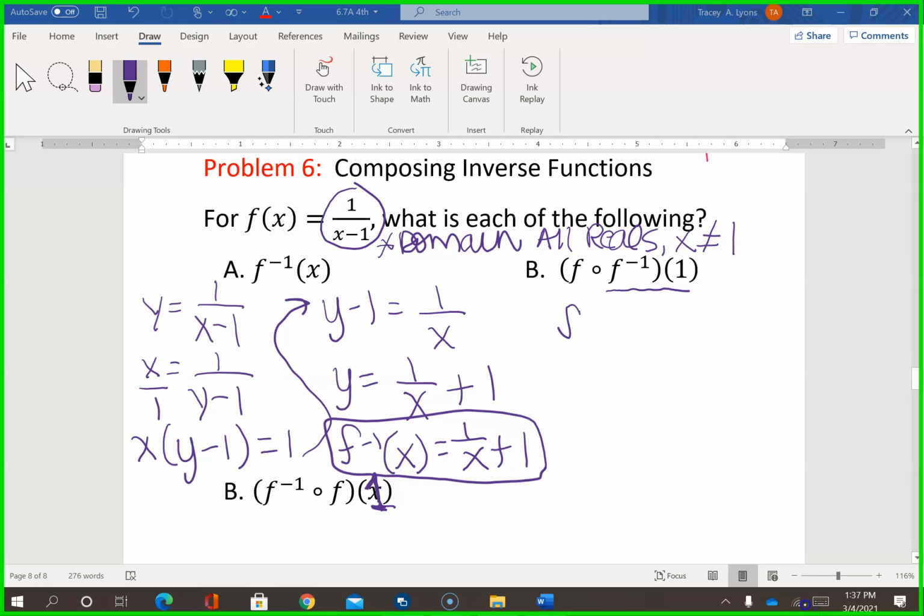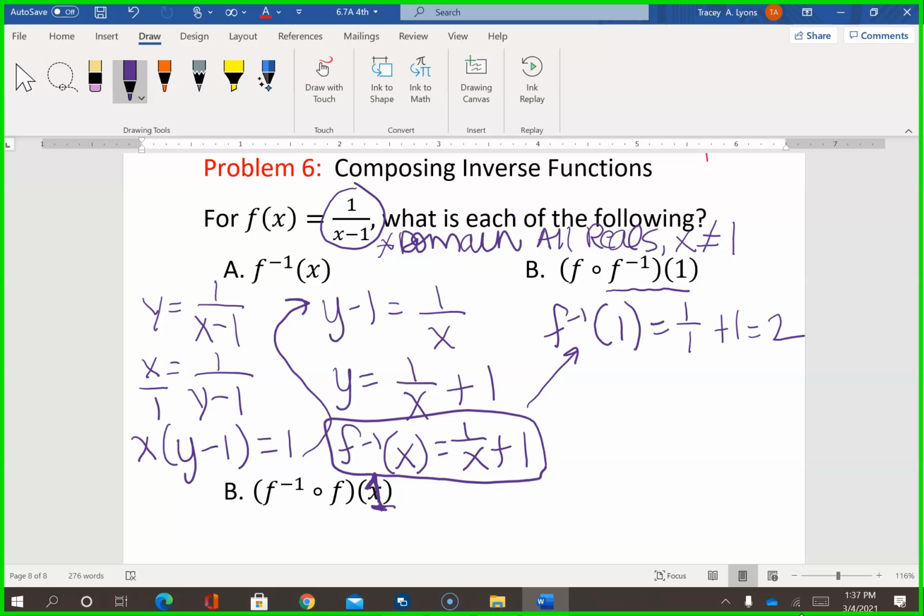Okay, so we're going to find f of, if I plug a 1 in there, I get 1 divided by 1 plus 1, right? Let's go like this instead. I'm going to write it a little different. Let's find the inverse of 1. So I'm looking down here. 1 divided by 1 plus 1, that would be 2.